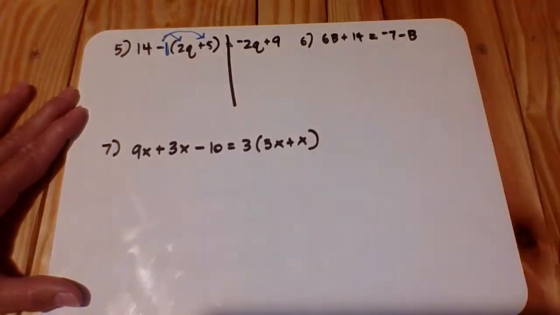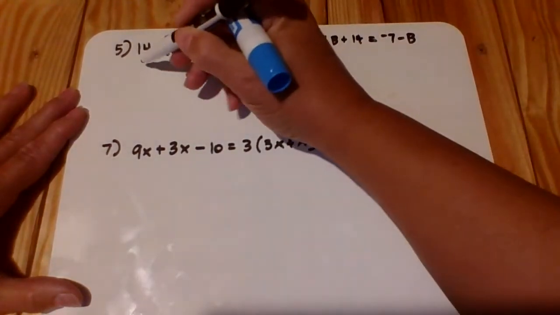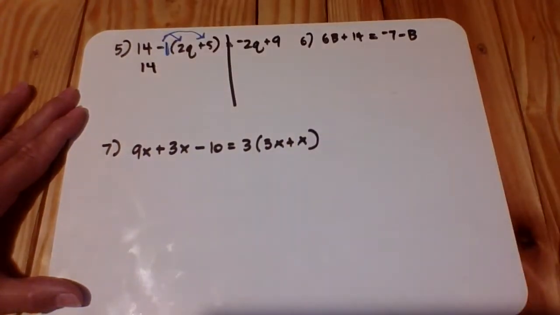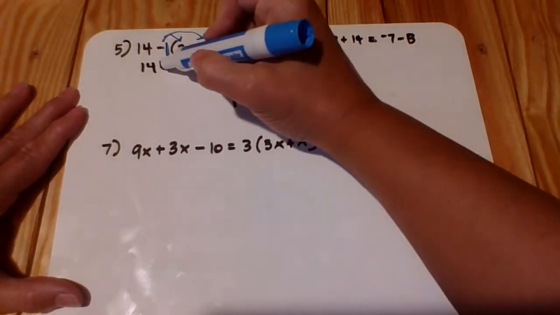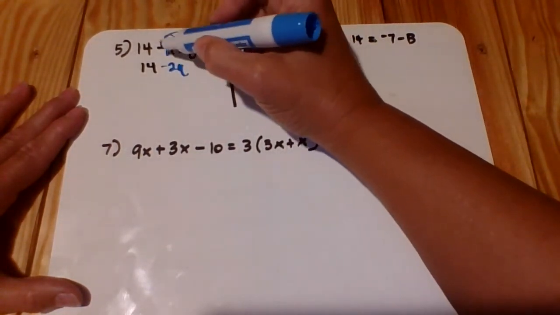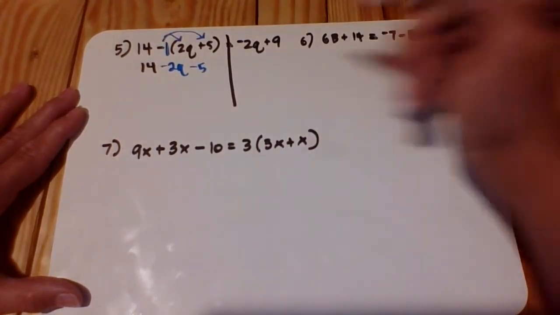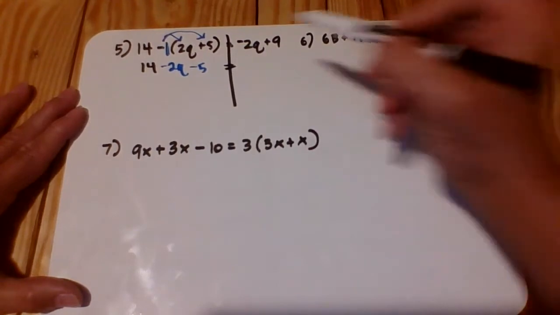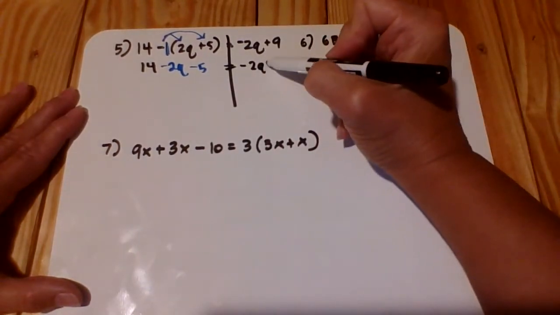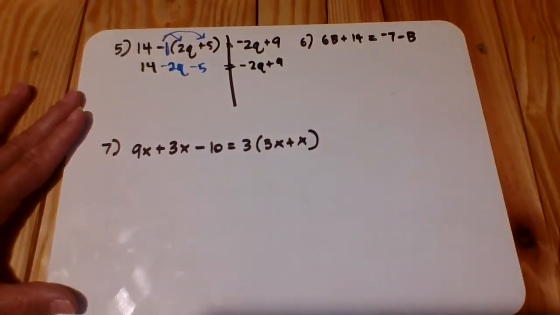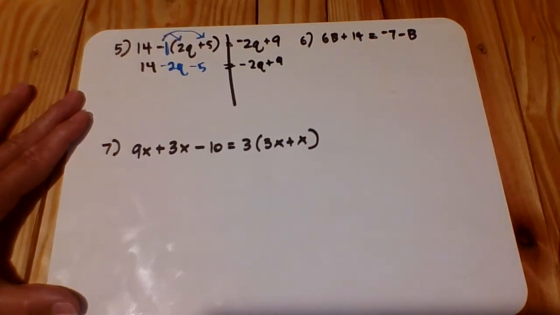I'm going to do that first. So I'm going to copy the 14 down. Just bring it on down. And then I have negative 1 times 2q is negative 2q. And I have negative 1 times 5, which is negative 5, equals, and now on the other side I have negative 2q plus 9. Alrighty, looks like now I have some collecting of like terms.